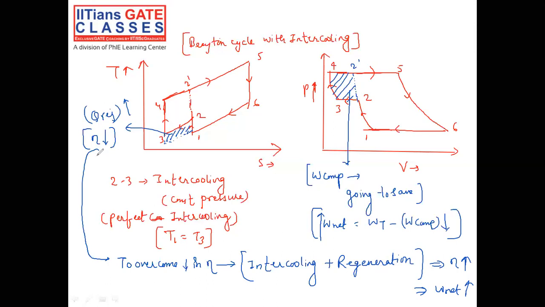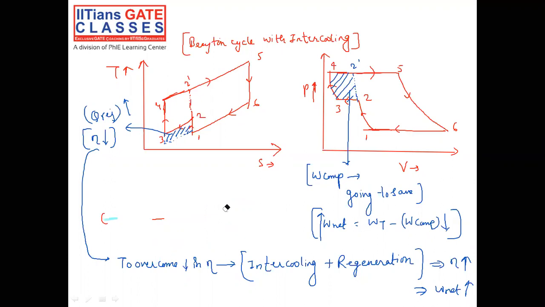Now let me write down briefly what is going to happen. What are the changes in net work output, heat rejection and heat supplied due to intercooling? Work of compression, that is total, is going to reduce. That is the effect of intercooling on the Brayton cycle. Work of turbine is going to remain the same.